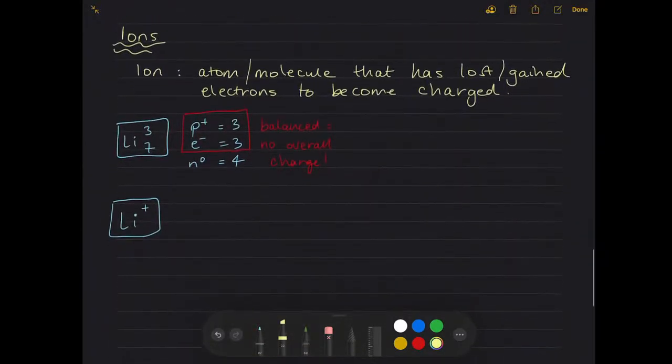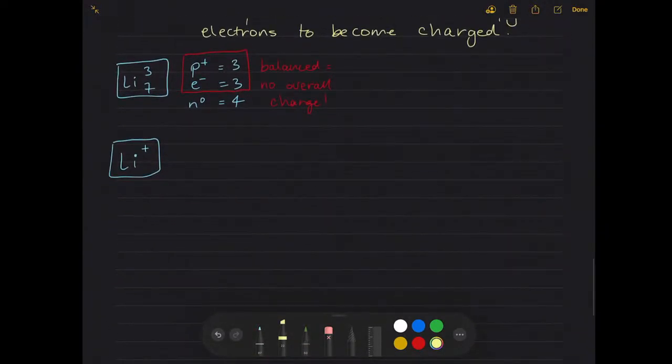And in fact, in chemical reactions, the protons do not change, only the electrons. So what does that mean in English? That means the protons in lithium will not change, they will still be 3. The neutrons do not change, but the electrons have changed to give an overall charge of +1. And the only way to do that is to lose an electron.